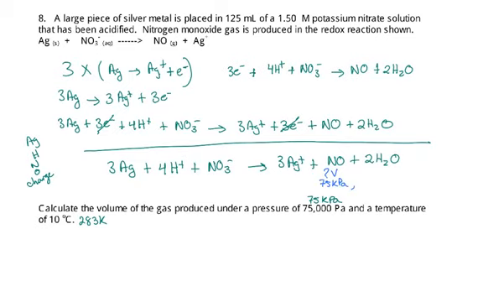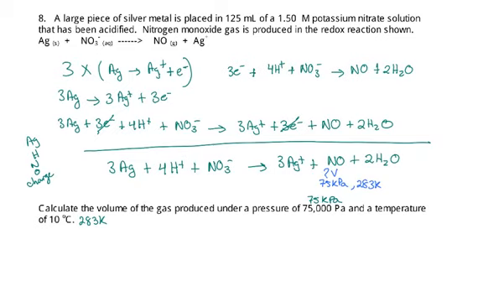We know that it's at 283 Kelvin. We also know that we have 125 milliliters and it's 1.50 molar of the potassium nitrate solution. Now, I don't see potassium nitrate here, but basically there's the nitrate. What about the potassium? Yeah, the potassium is a spectator.